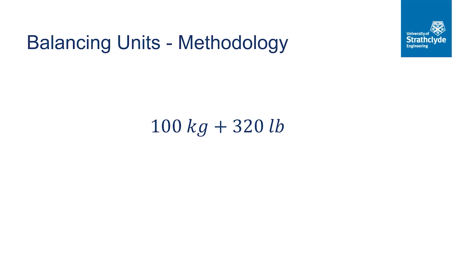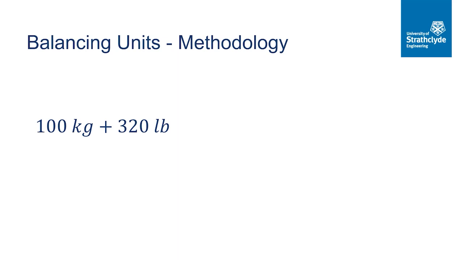How will we do this? What we do here is multiply our pounds by a conversion factor. Every kilogram is associated with 2.205 pounds. And what we're going to do is take our conversion factor and multiply such that we are left with a consistent unit at the end.